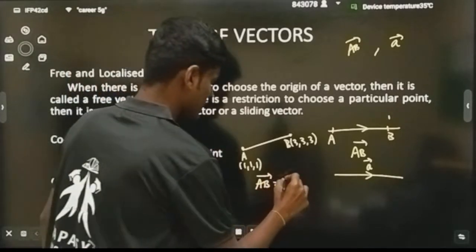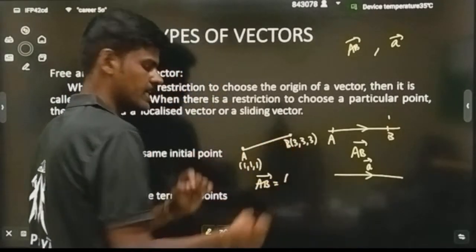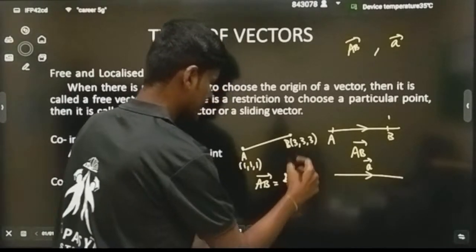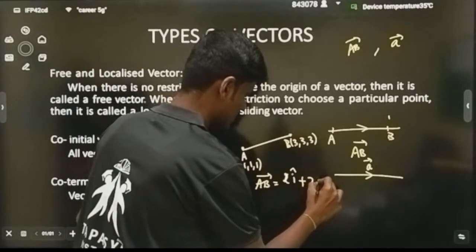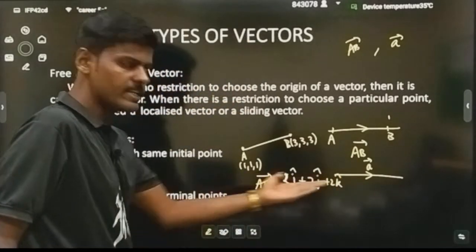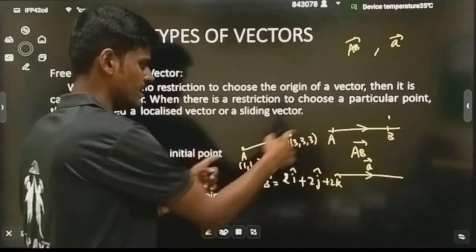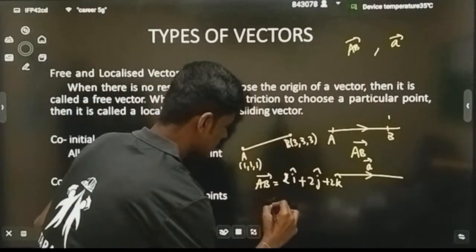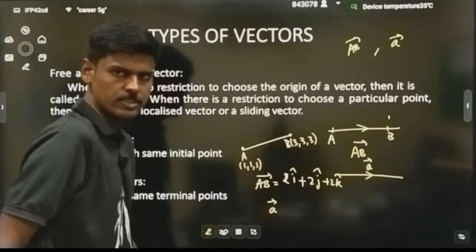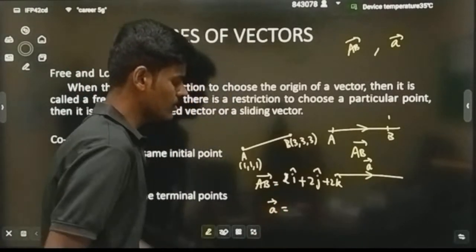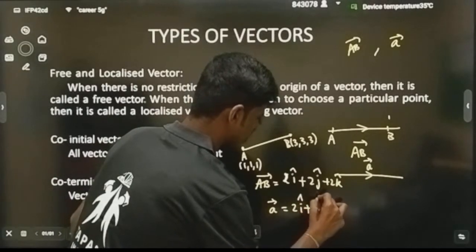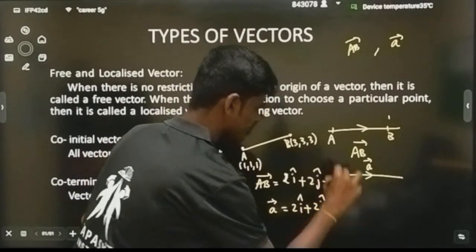AB vector is given by 3 minus 1, that is 2i cap, plus again 2j cap, plus 2k cap. This is AB vector. Do you understand how to find AB? You already know this. Next, take another vector, some small a vector or small c vector, which is equal to, again, the same vector, 2i cap plus 2j cap plus 2k cap.